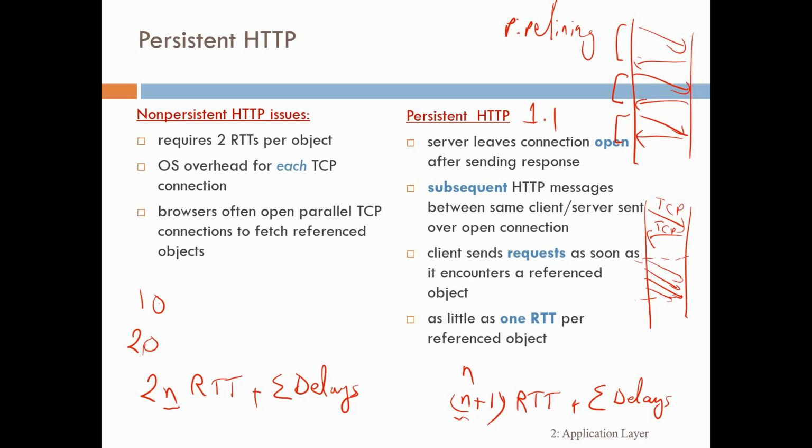Once the server receives these requests, it sends the responses back. So with pipelining, you need just one round trip time to send all the requests for the objects, and so it will be 2 round trip times plus the summation of all the delays. Pipelining is an additional feature in HTTP 1.1 that saves a significant amount of delay in retrieving the objects.